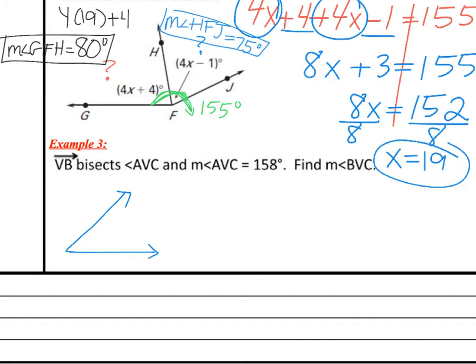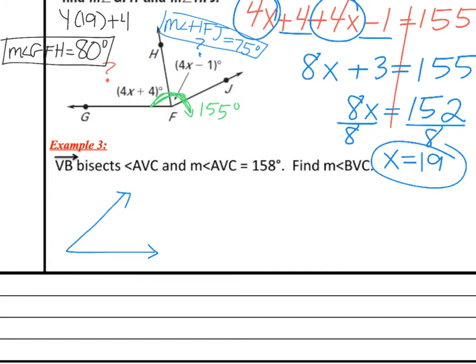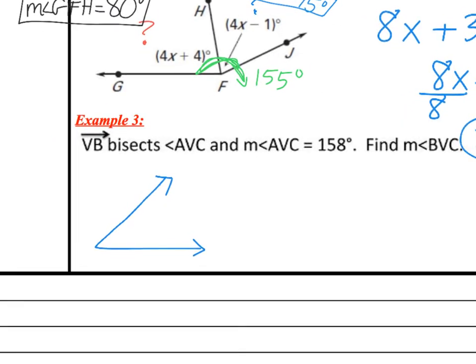There should be 3 points on this angle, A, V, and C. Guys, which one is the vertex? V, because it's in the middle. So V you don't have to put a little dot for because it's at the corner. But for A and C, you have to put little points on the rays, like that.